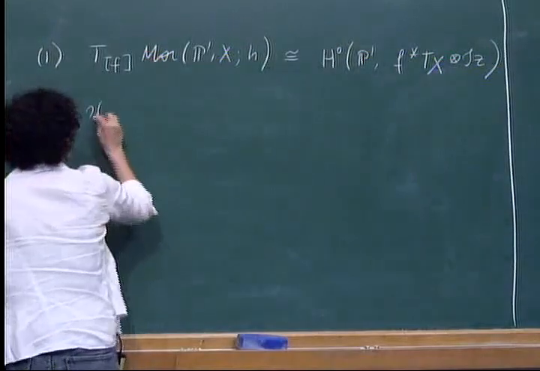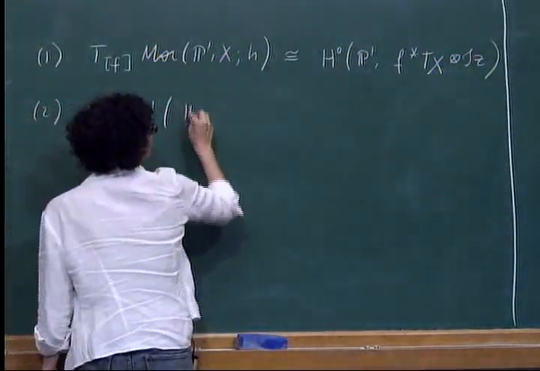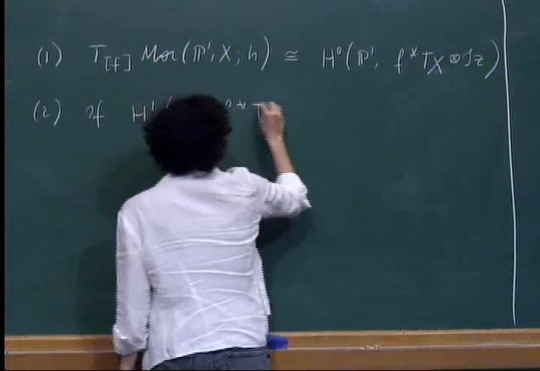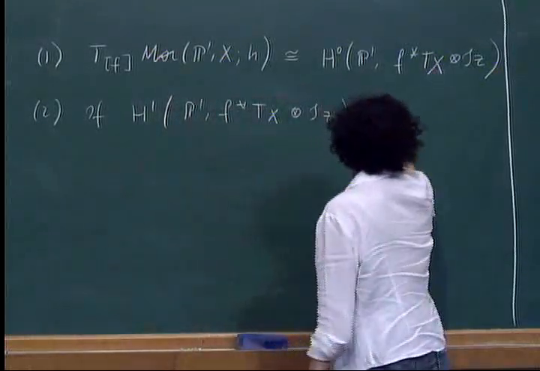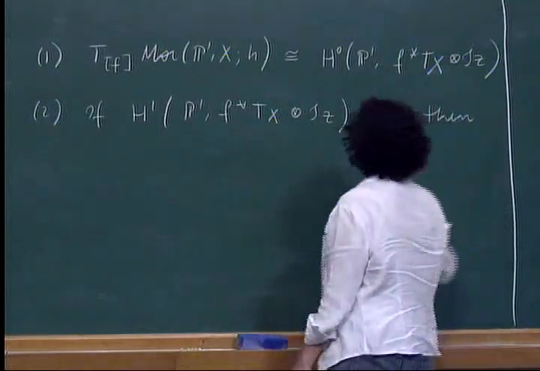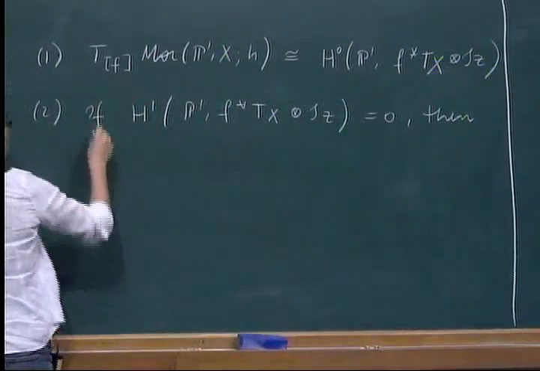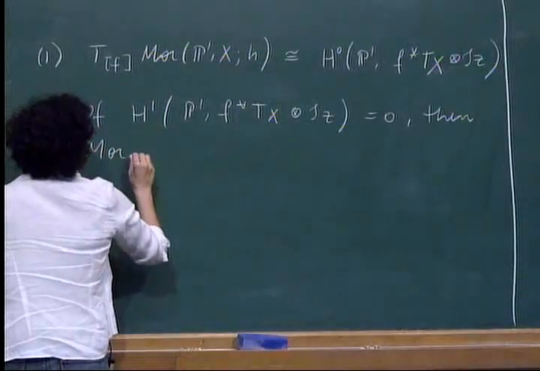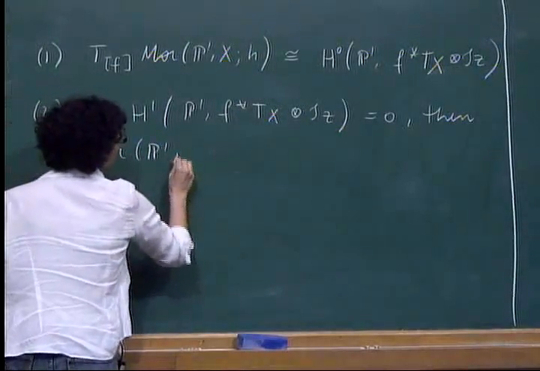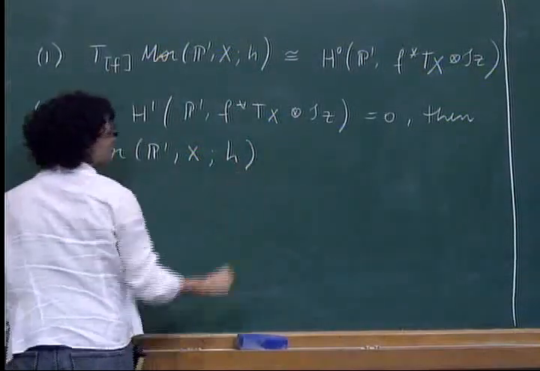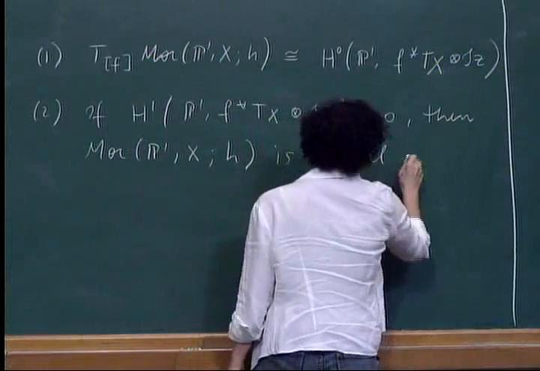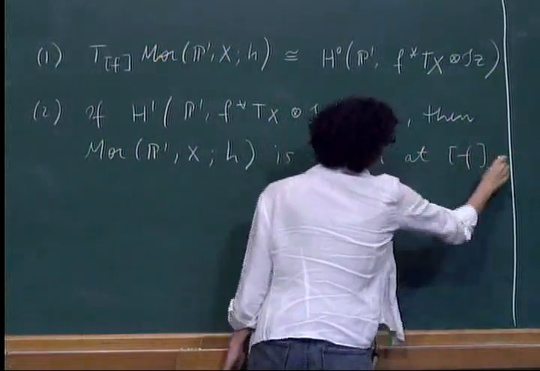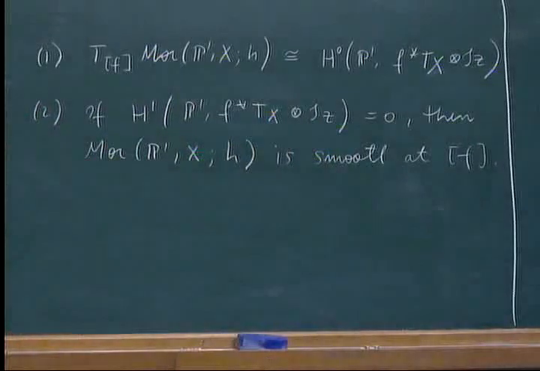So if the H1 of this vector bundle vanishes, then the space of morphisms is smooth at that point.